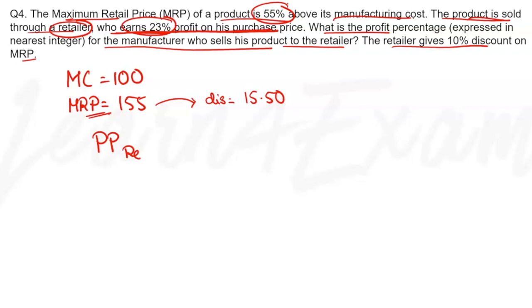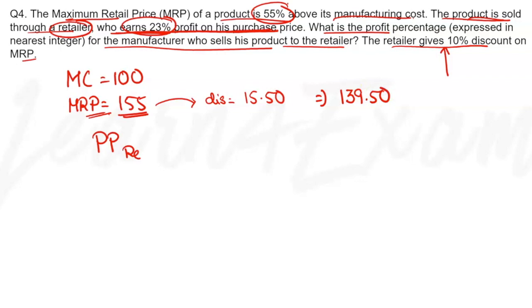Now since this is the MRP of the product and the retailer gives a 10% discount, after the discount it comes down to 139.50.